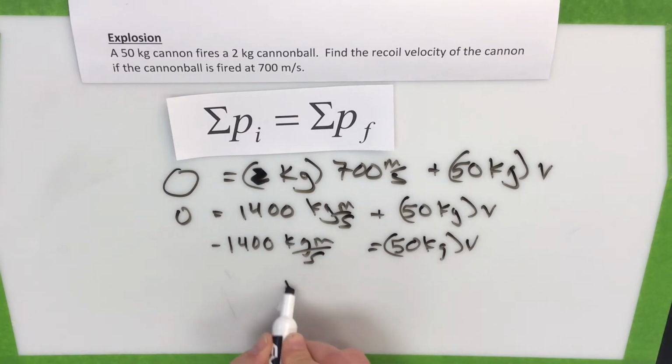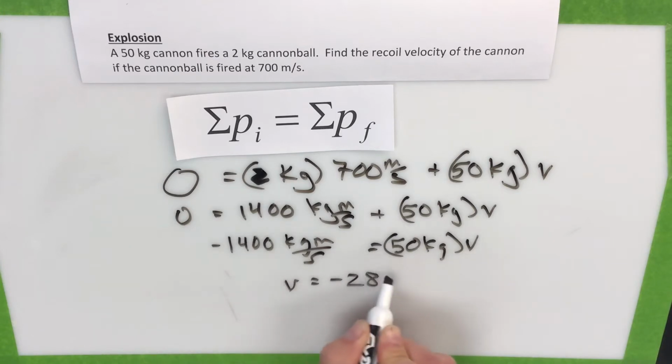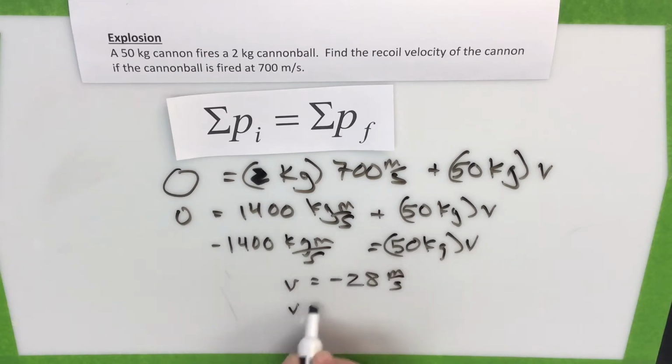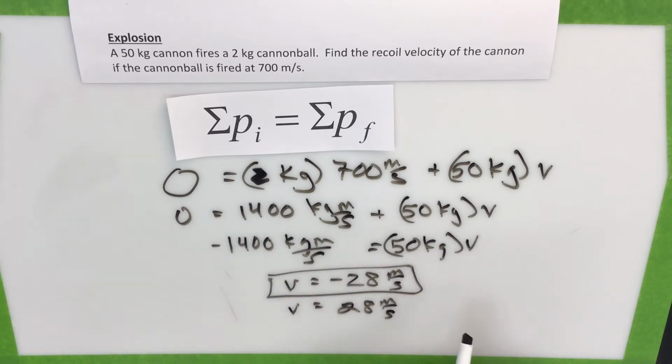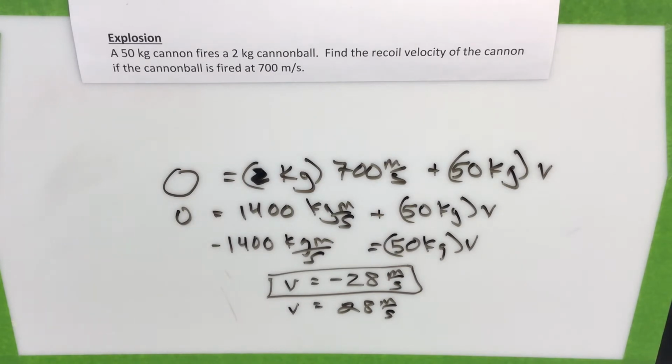So the velocity is negative 28 meters per second, or 28 meters per second in the opposite direction, which I didn't draw a picture, so whatever. This is a negative 28 meters per second recoil velocity, opposite the velocity of the cannonball. Now this problem, if you think about it, can be solved with a pretty simple ratio.